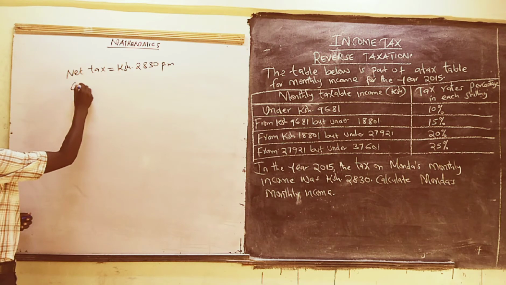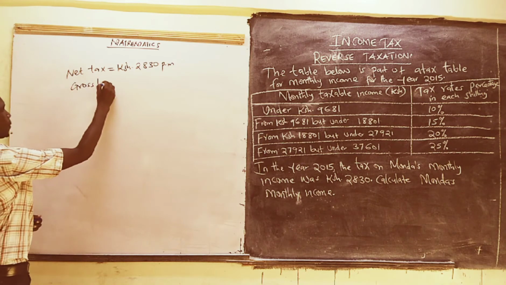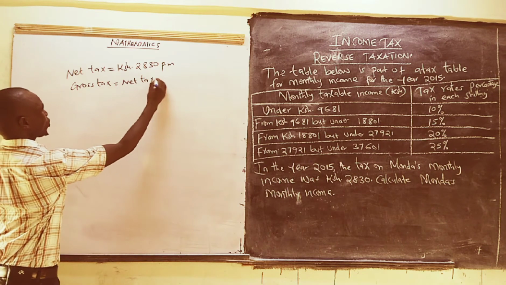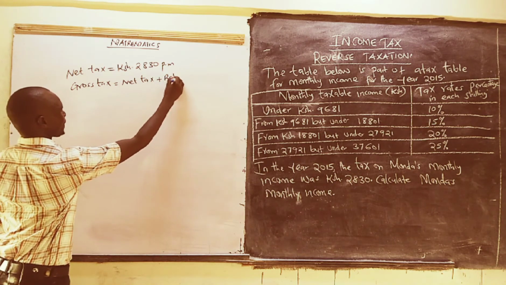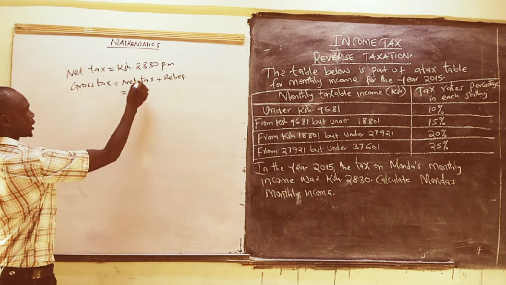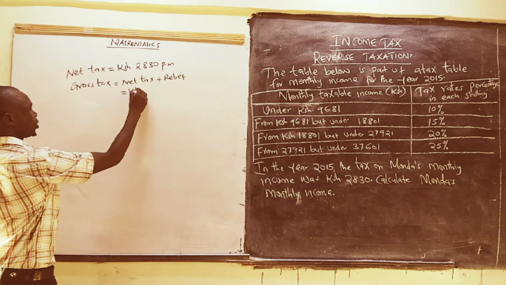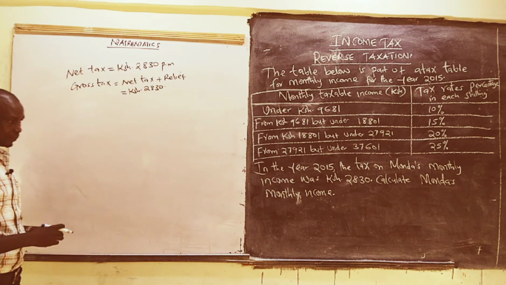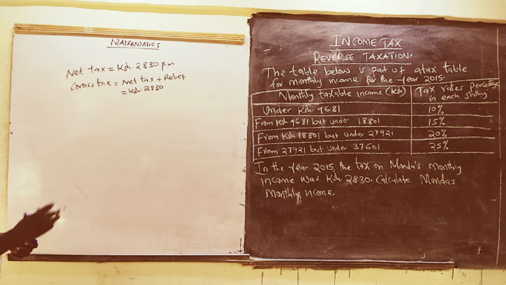So our gross tax is equal to net tax plus the relief. Since we are not given the relief, our gross tax is equal to the net tax, which is Kenya shillings 2830. From there, we start taxing in the normal way.